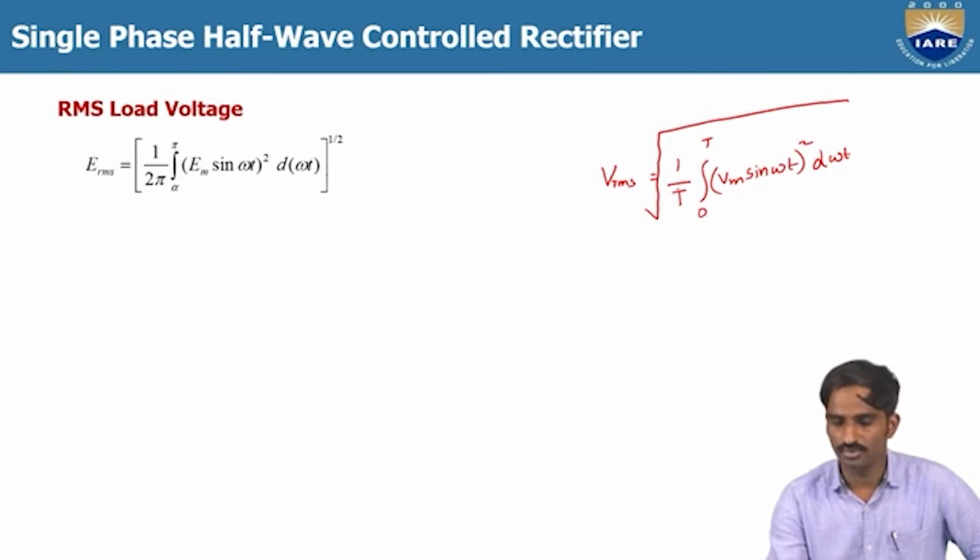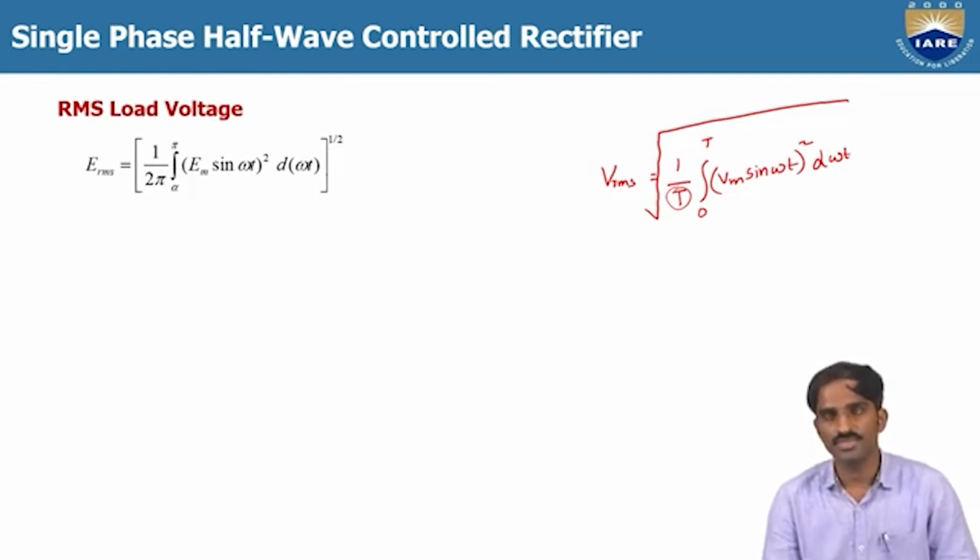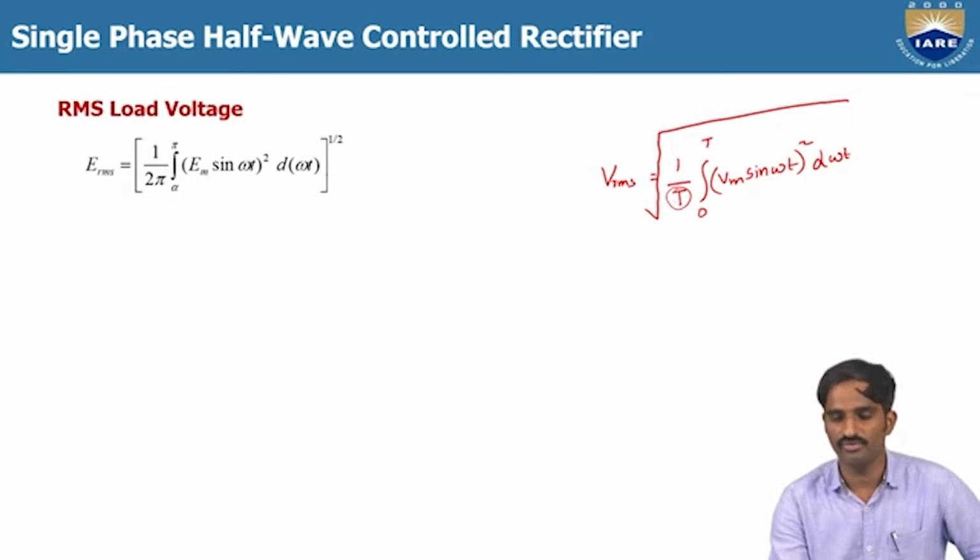Again, in this case we have to identify the total time period and the conduction period. The conduction period usually we consider from 0 to T, because this is for the sine wave. But here, for the load voltage, we have already identified the total time period and the limits. The total time period here is 2 pi and the limits are from alpha to pi.